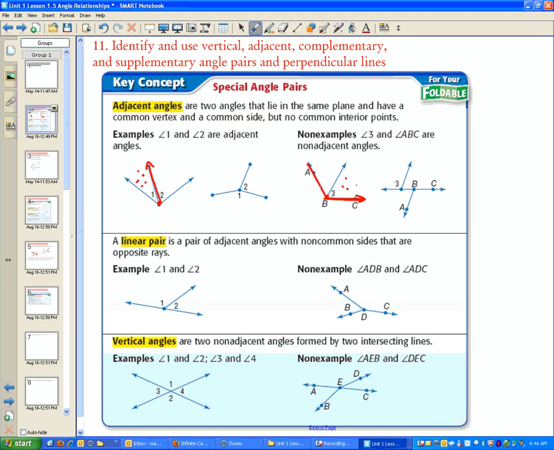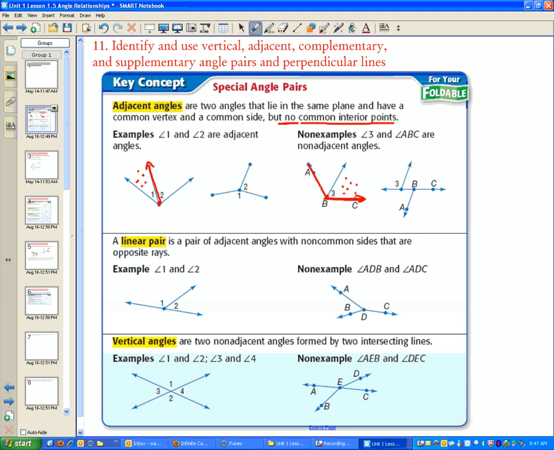Points that are interior points for angle 3 are also interior points for angle ABC, aren't they? So instead of one angle being next to the other, one angle's inside the other. Well, we don't want to call that adjacent, do we? I mean, because if we use that as adjacent, then all of us would be adjacent to this room because we're inside of it. That's not what we want the word adjacent to mean. So that's why that's on there.